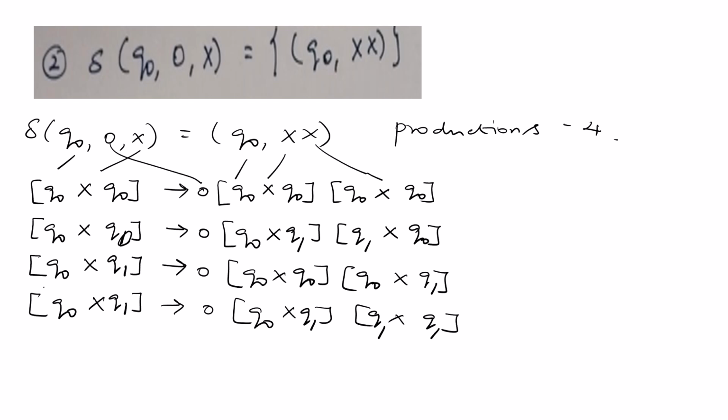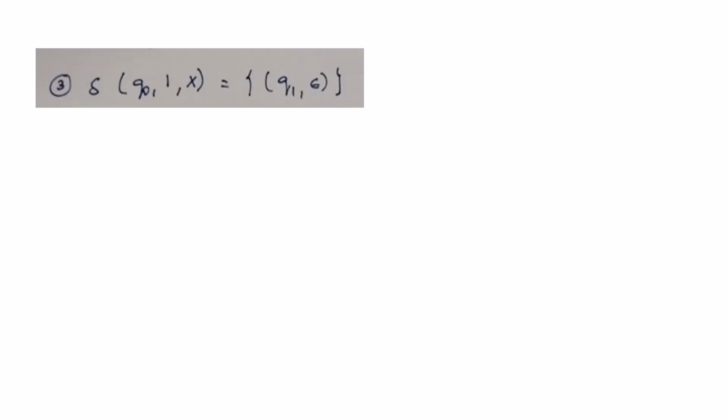So we'll go for the next transition. For this transition we are going to get the production Q0 X Q1 implies this input 1.